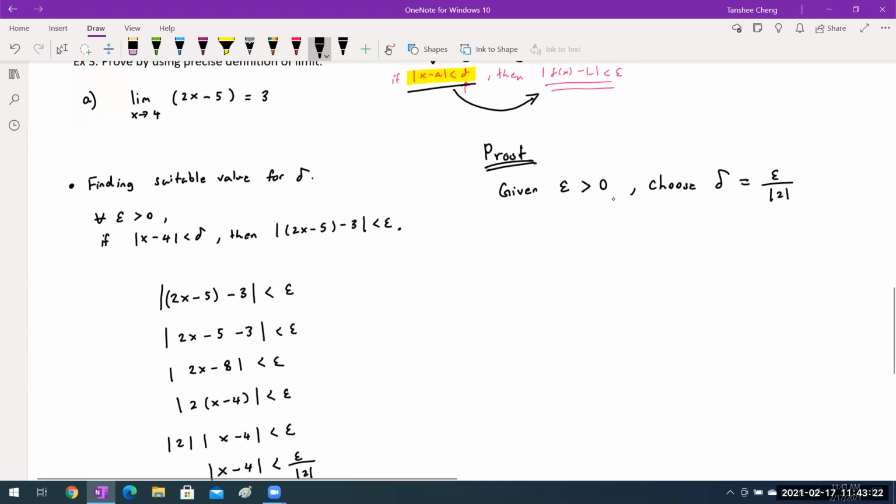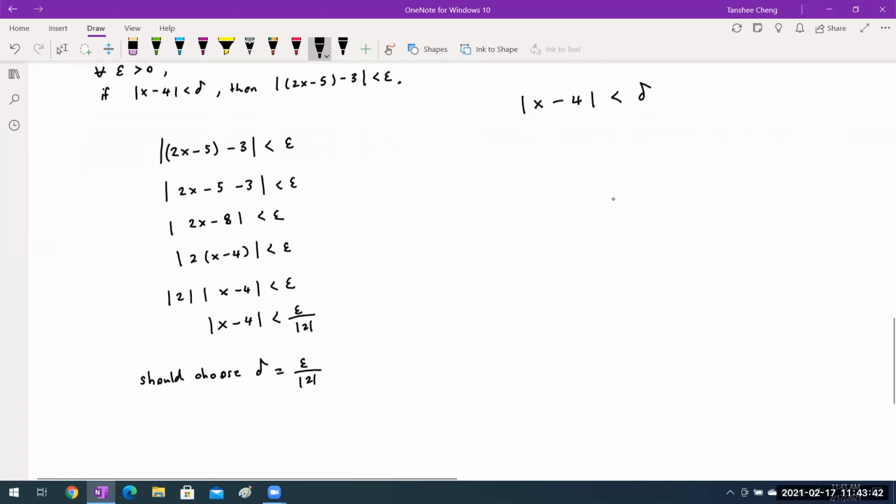So in an actual proof, we start from the conditional part: if the absolute value of x minus 4 is less than delta, we want to show this reaches the conclusion we want, which is the absolute value of 2x minus 5, the function minus the limit, is less than epsilon.